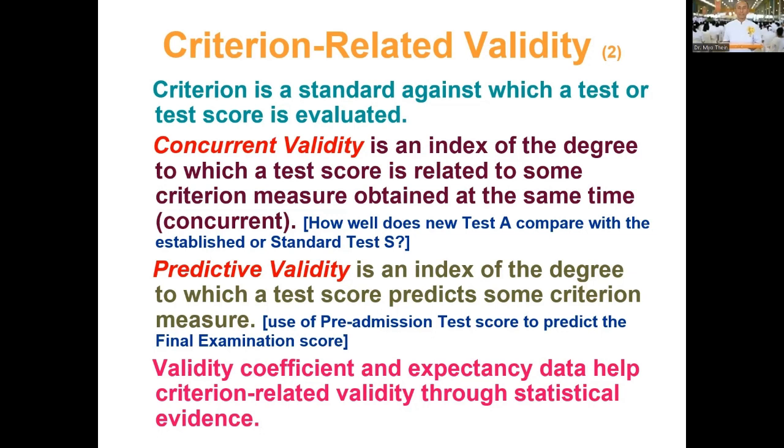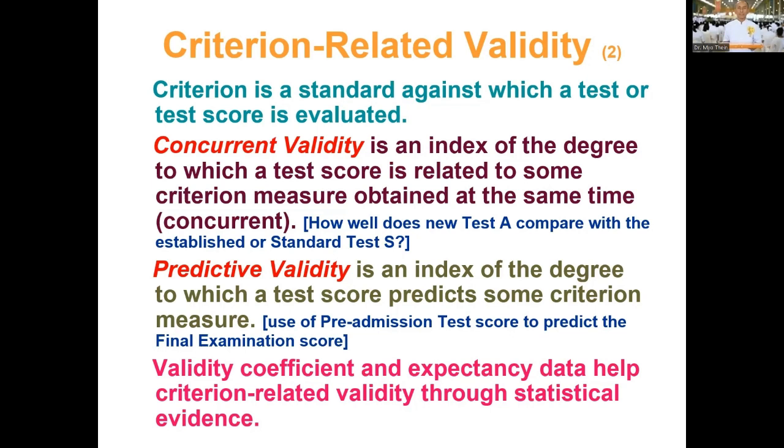Second is predictive validity. It is an index of the degree to which a test score predicts some criterion measure. Here is the use of a pre-admission test score to predict the final examination score.